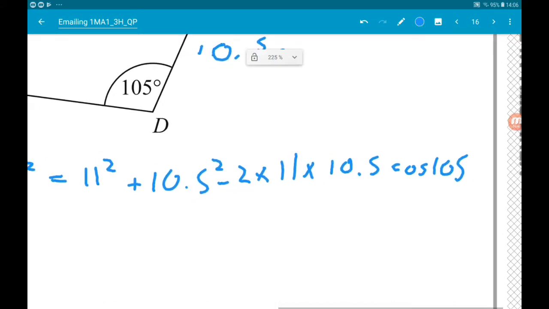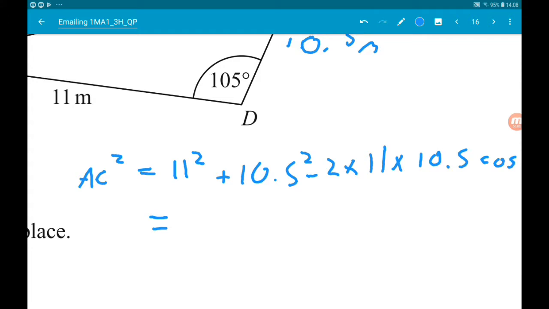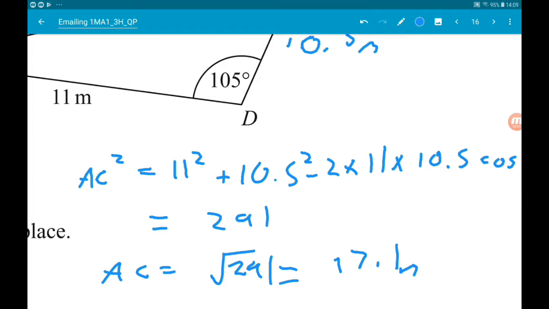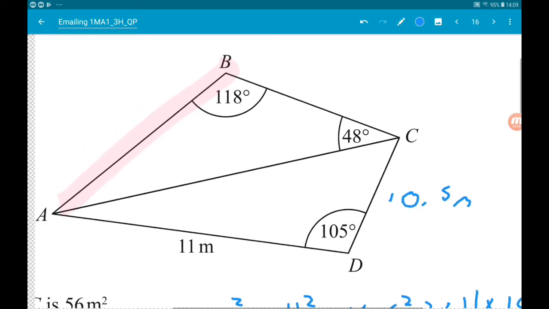So, let's see what we get for that. Okay, so we should get that is 291. AC then is the square root of that, which to one decimal gives us 17.1. So now we know this length.